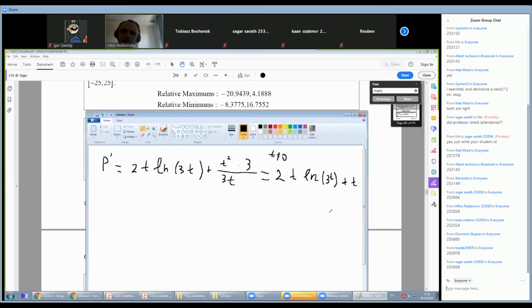Then we look for the solution to this equation. p prime equals 0. We can take t as a common multiplier.